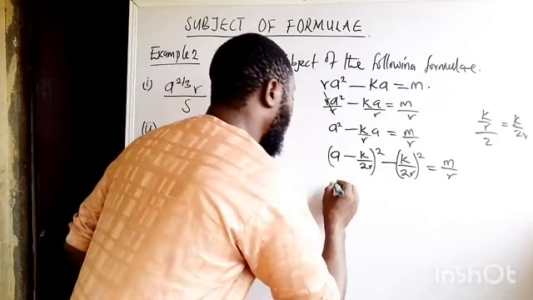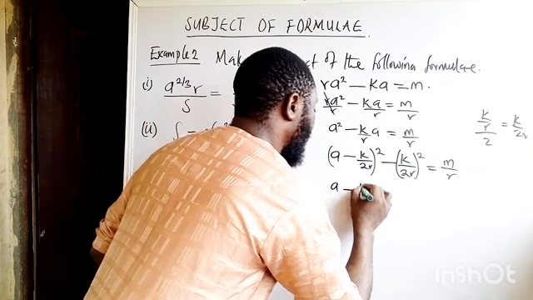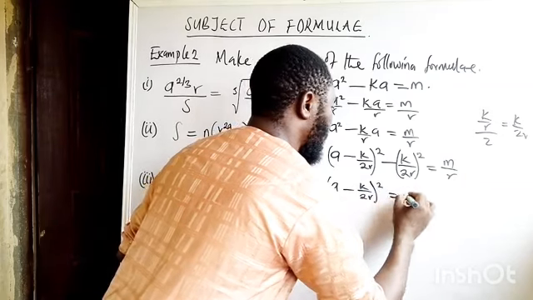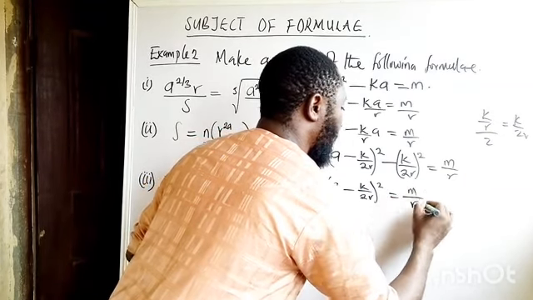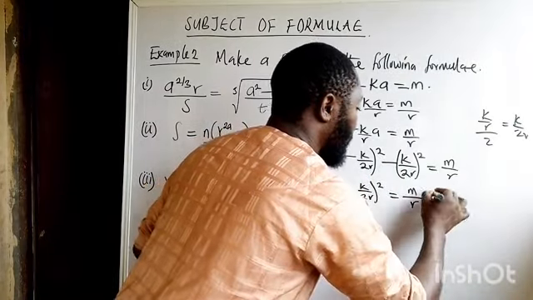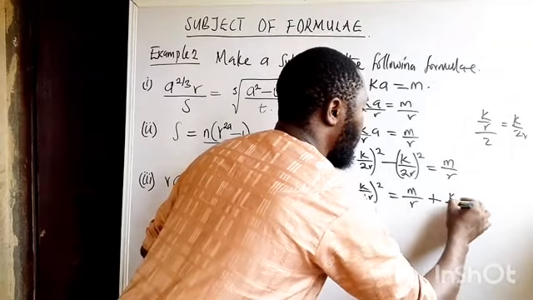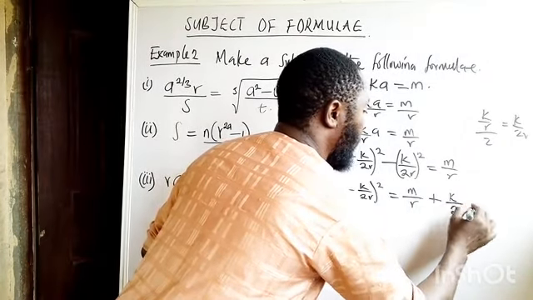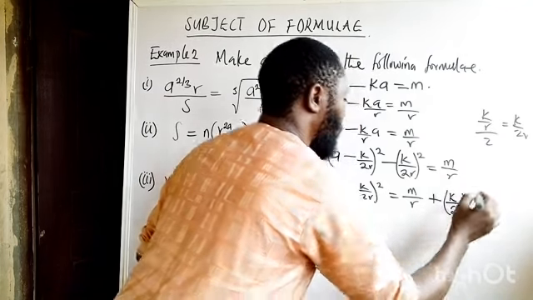So now you have a minus k over 2r, everything squared, equals m over r plus k over 2r, everything squared.